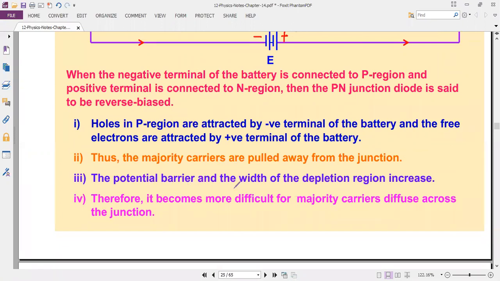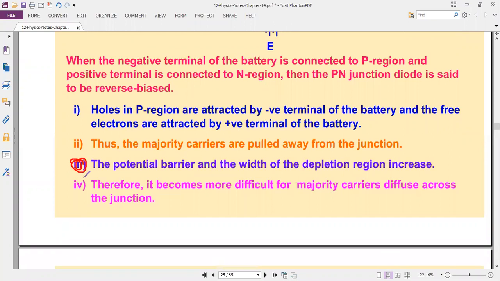The potential barrier and the width of the depletion region increase. Very, very important. So therefore, it becomes more difficult for majority carriers to diffuse across the junction.